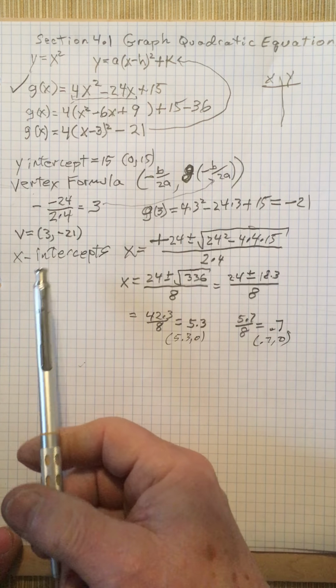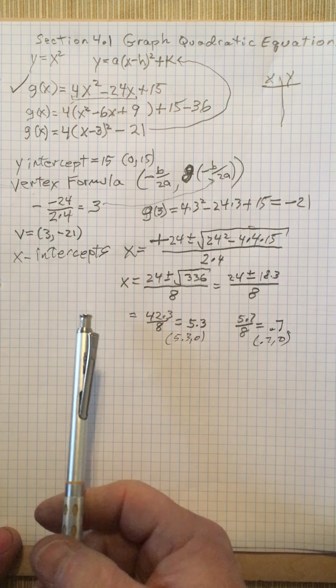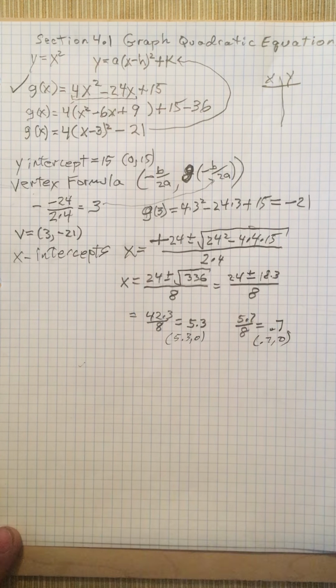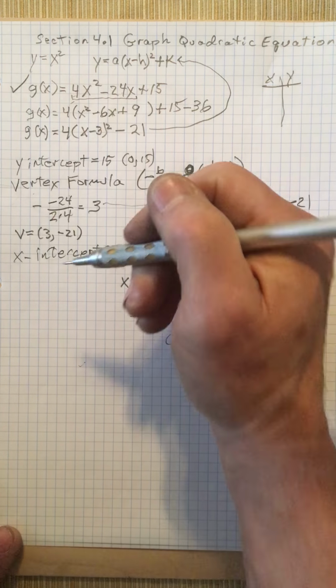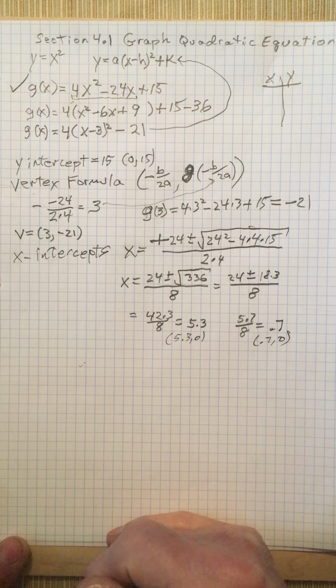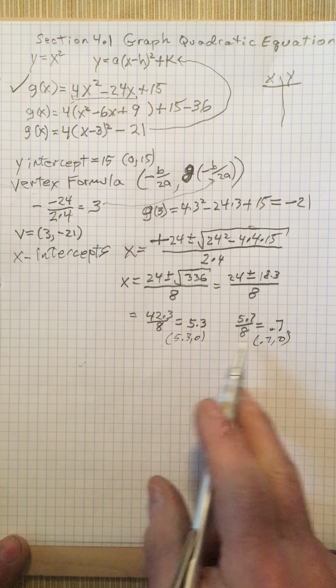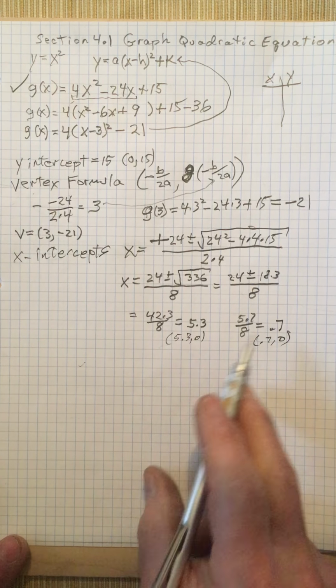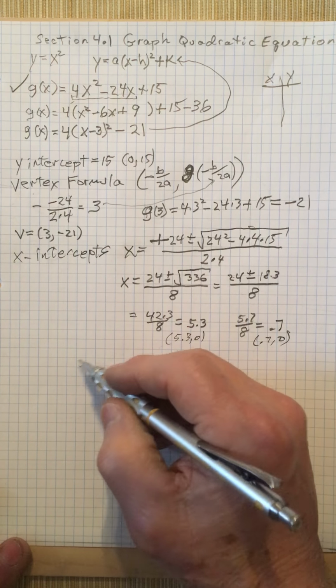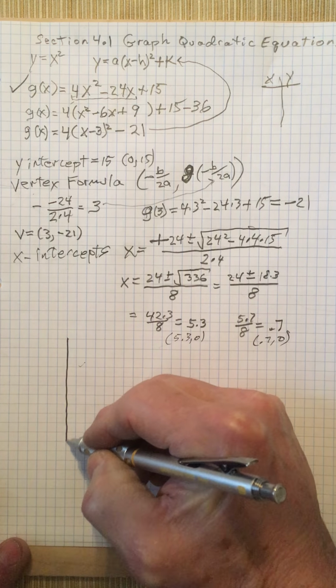We're going to set up our axis, so I need a lot of y-axis here. I'm going all the way up to 15 and all the way down to minus 21. However, in the x direction, we're not moving that much. In fact, we don't go negative at all. So let's set up something like this.